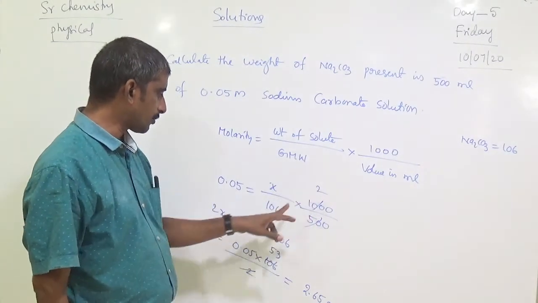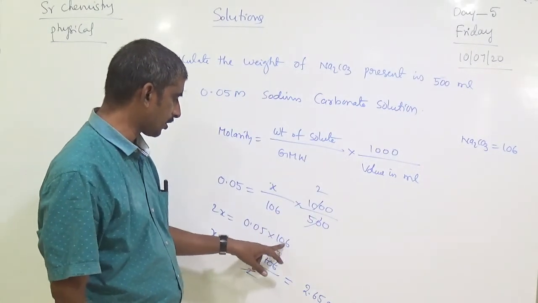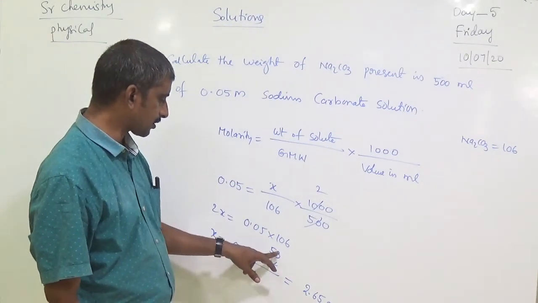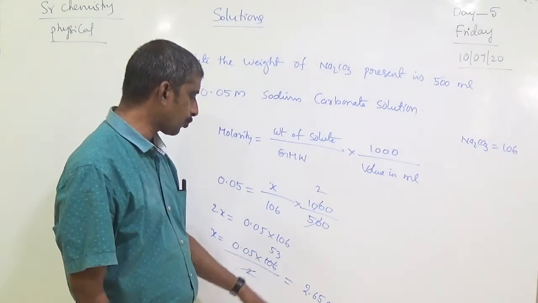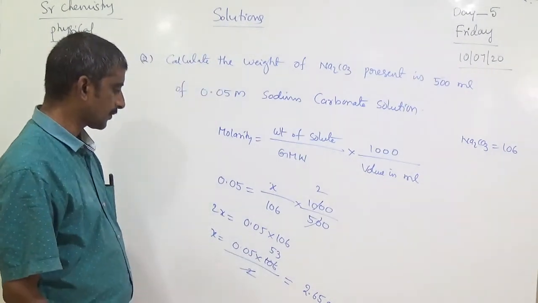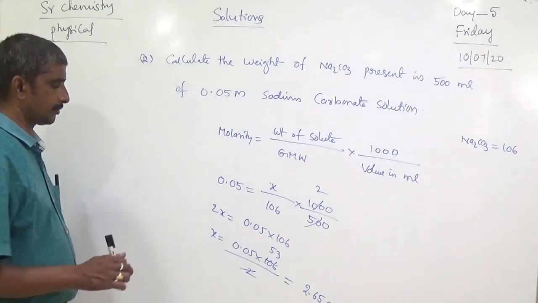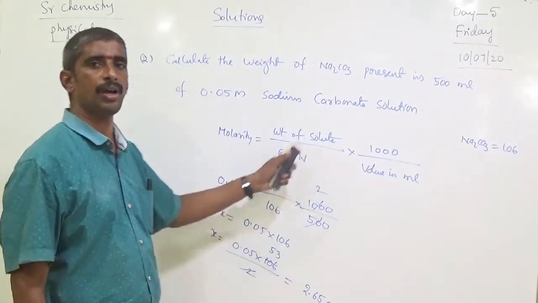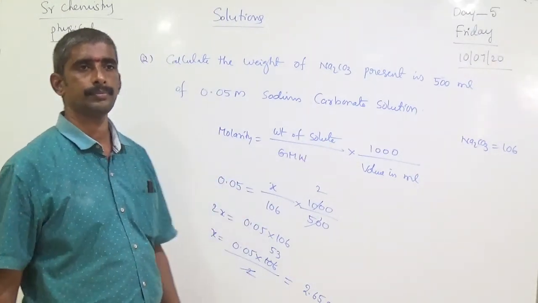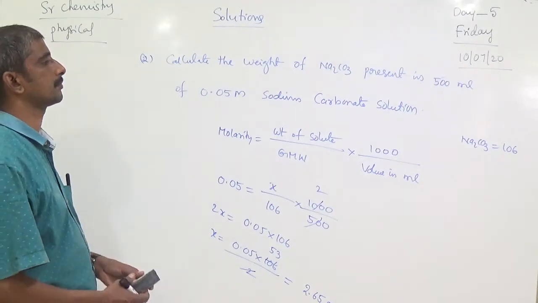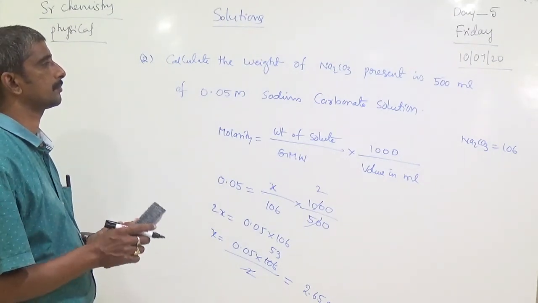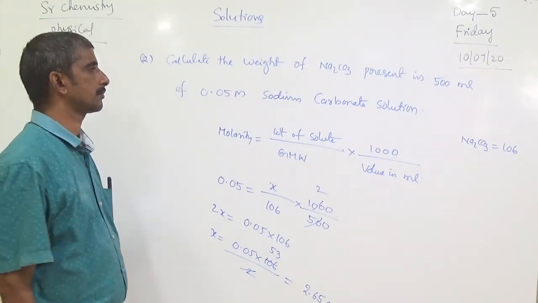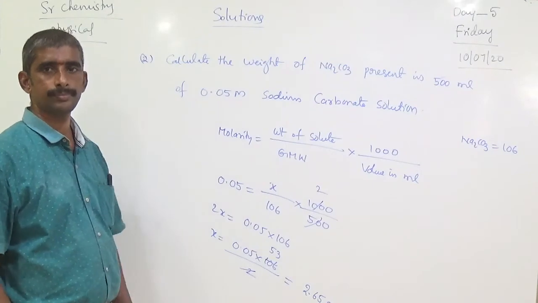So 2x equals 0.05 into 106, and x equals 0.05 into 106 by 2, which is 53 into 0.05, 2.65 grams. That is the molarity formula applied to sodium carbonate. Completed.